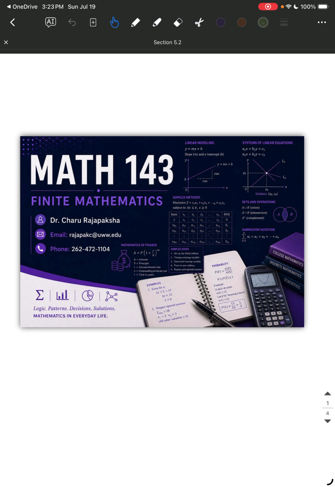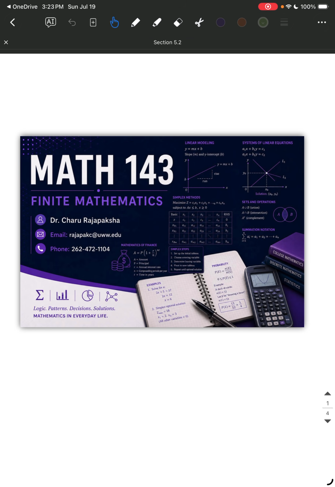annuity. By the end of today's lecture, you should be able to define an annuity, distinguish between an ordinary annuity and annuity due, calculate the future value of an ordinary annuity, calculate the present value of an ordinary annuity, and identify which annuity formula should be used in a given problem.